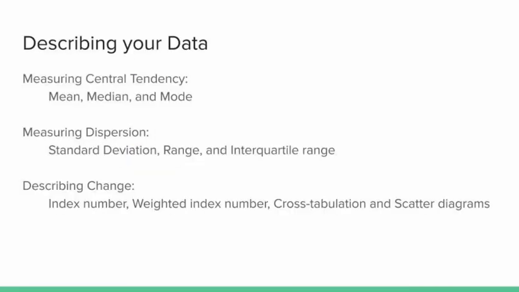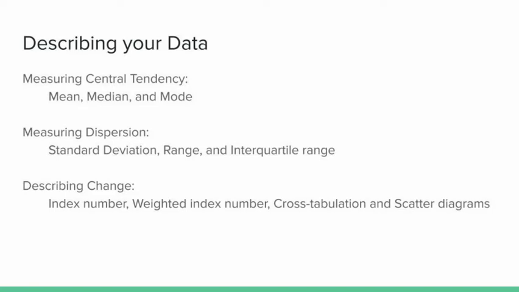When describing your data, we also have to take into consideration the following. If you are measuring central tendency, as I've mentioned in the example of descriptive statistics on the previous slides, we have to get the mean, median, and mode. When we are measuring the dispersion, we have to get the standard deviation, range, and interquartile range.